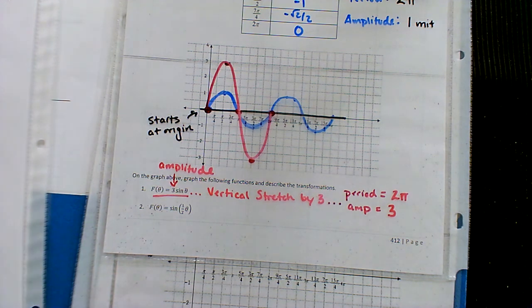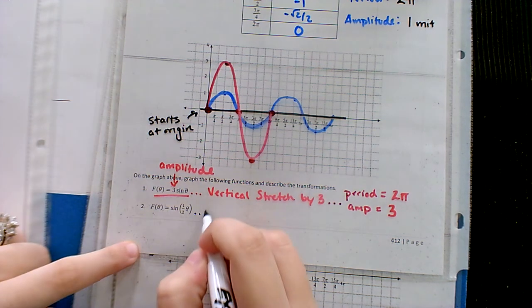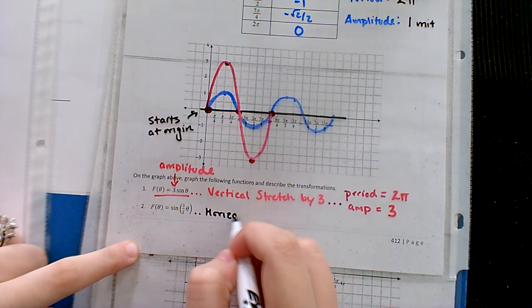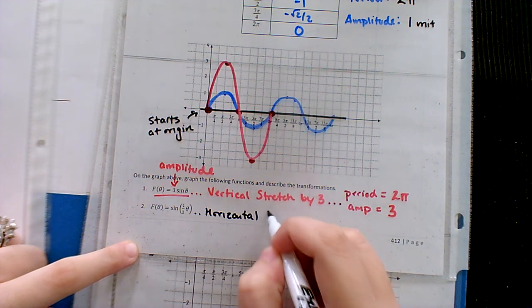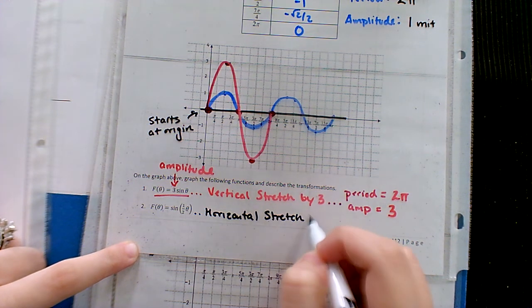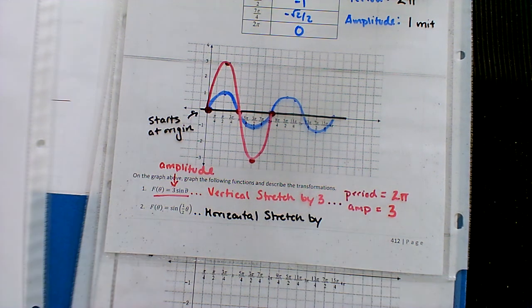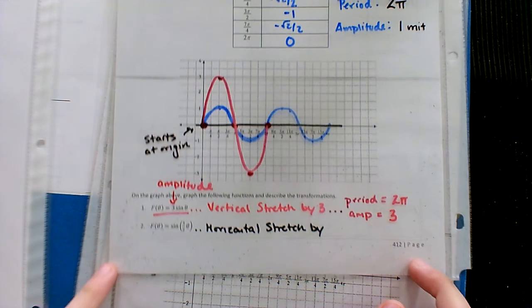So instead of stretching it up and down, this one's going to stretch it left and right, kind of like an accordion. So this would be a horizontal stretch by what? This is when it gets a little tricky.